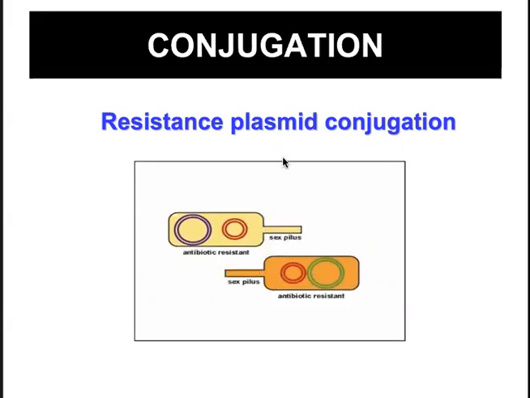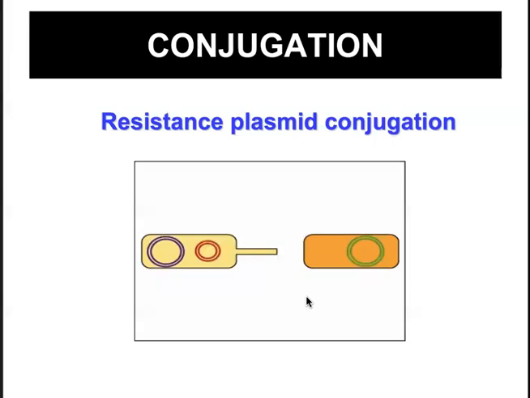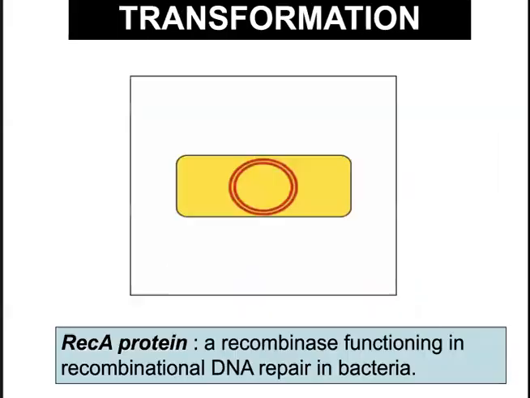And so now the recipient who was previously R negative, or non-resistant, and F negative, unable to produce sex pilus, can now produce sex pilus. So that's how they share properties.